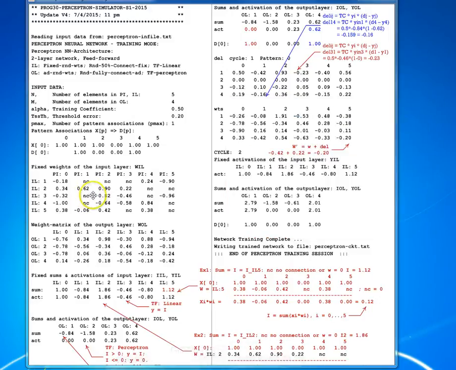Now let's see how this network is. Once it is done, initially you start with some randomized values between plus and minus 1. It will never be plus 1 and it will never be minus 1. It will be greater than minus 1 and less than plus 1.